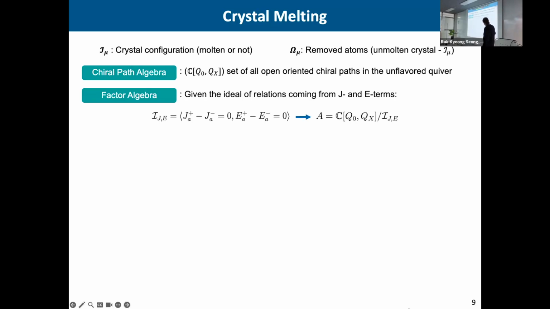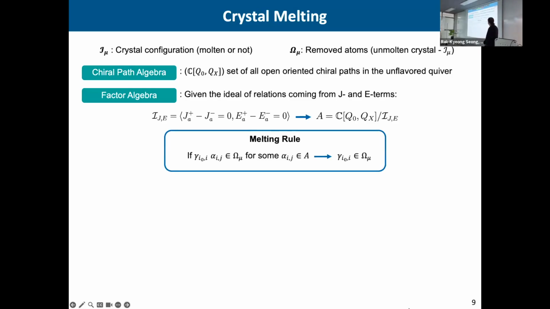Then you can mod out by the ideal of vanishing J and eta relations. And the melting rule is going to be something like this.